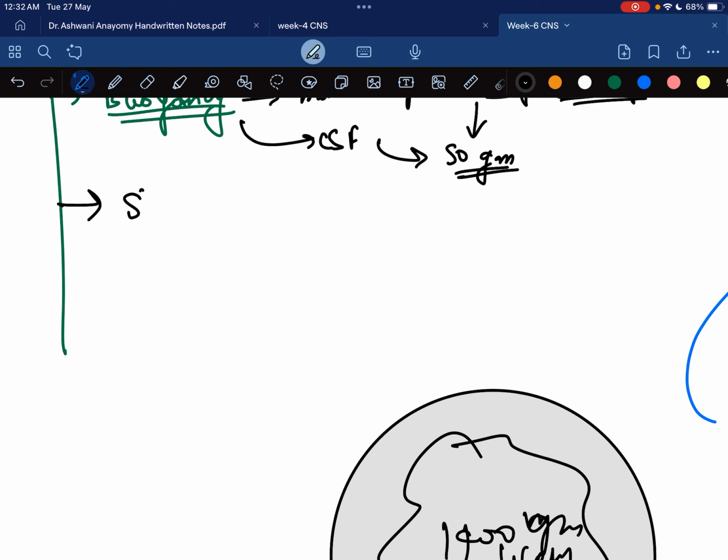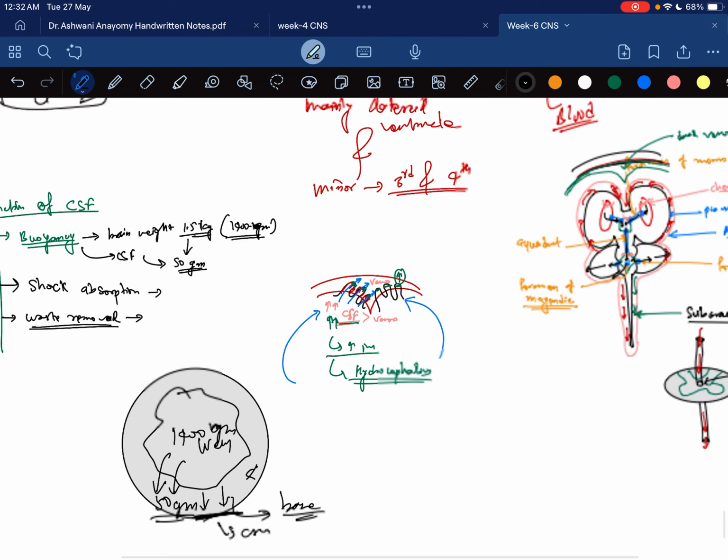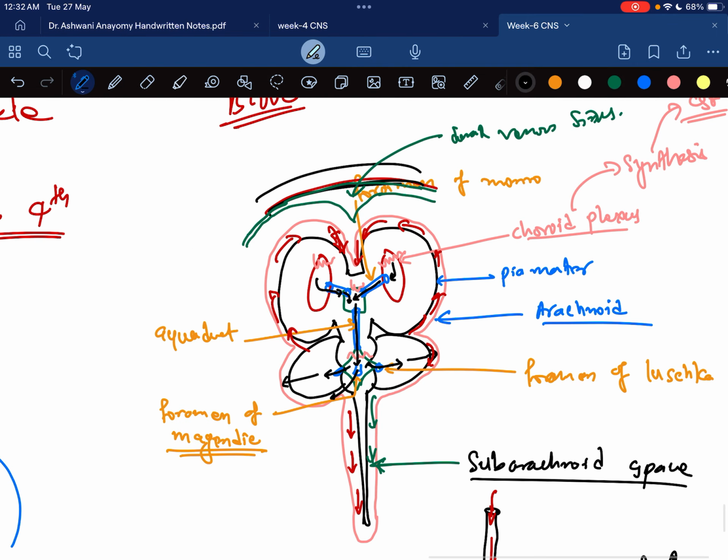Another function is shock absorption. It is like an airbag in a car. And there is waste removal. It is like a washing machine, washing the whole brain from time to time.